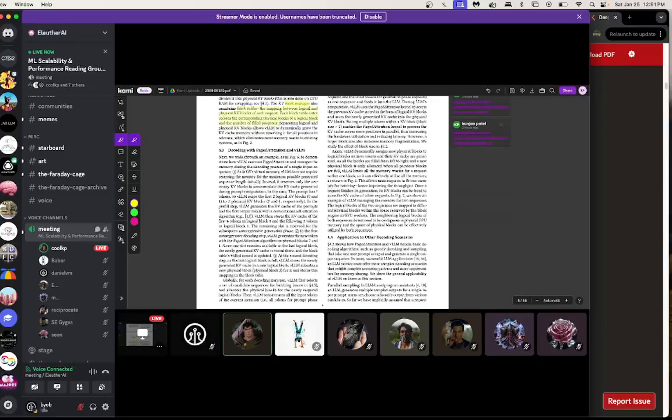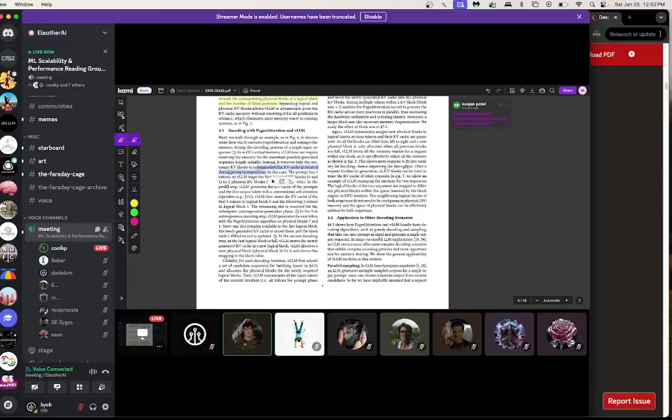These are the steps it does, for a single input sequence, for how the memory is managed. As in OS virtual memory, vLLM does not require reserving the memory for the maximum possible generated sequence length initially. Instead, it reserves only the necessary KV blocks to accommodate the KV cache generated during the prompt computation. That is the prefill.